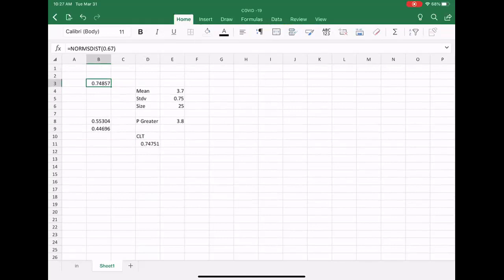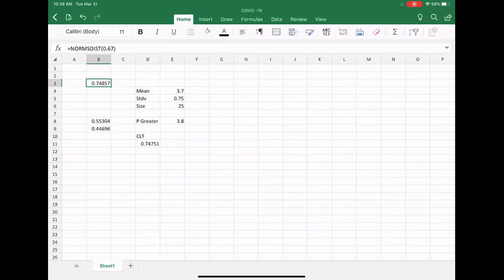So it found the exact answer. Now, it's not a huge difference. I have 74.9% and 74.8%. So it's 0.1% off in values. So on the test, I will make sure that I take people's answers that do the table, and I will also take people's answers who use technology.